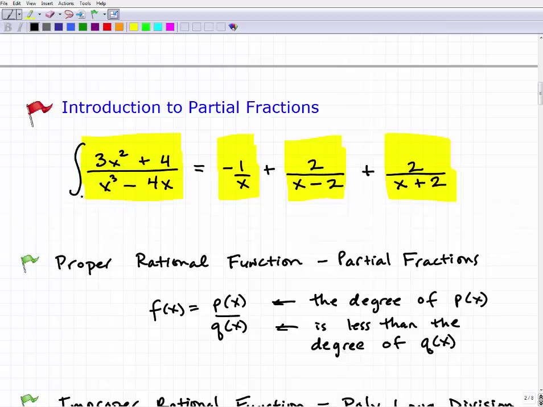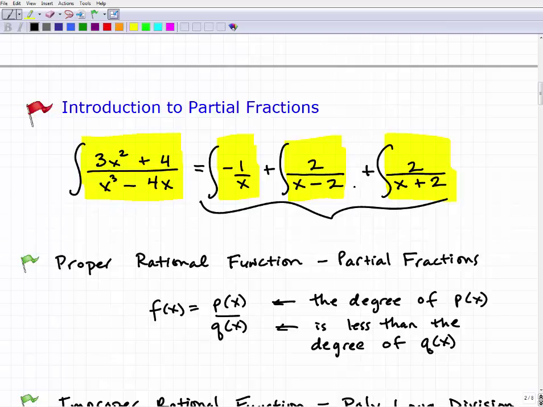So integrating this particular problem can be quite difficult. However, if we could break up this rational expression into the sum of simpler rational expressions, I can integrate each one of these little pieces individually. And to do this, the answer is much easier.